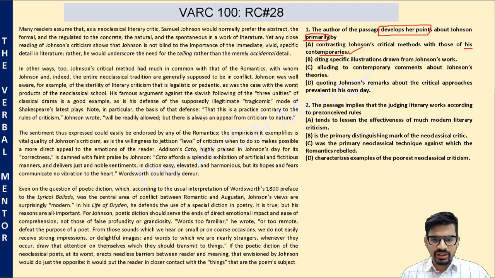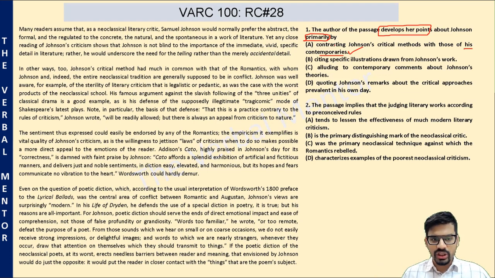So it may be the correct answer because maybe once or twice in the passage, the author has mentioned the differences between Johnson's critical approaches and other neoclassical critics' critical approaches. He does mention differences between them, but the author does not develop the passage in the form of a contrast.